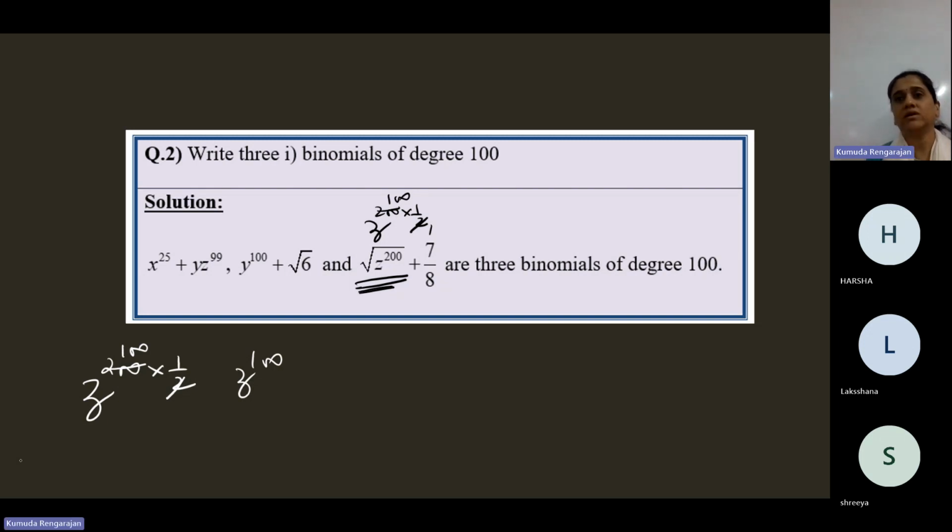Only one variable z. In MCQs, you might be given 4 options like these, and you have to select the right option which satisfies these conditions: binomial of degree 100. So for that, understanding with examples like this becomes important.